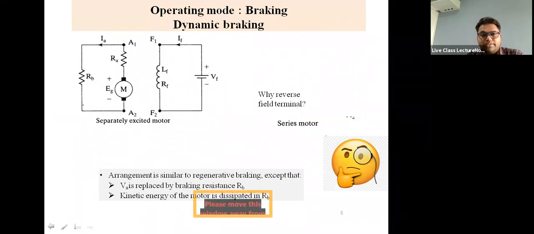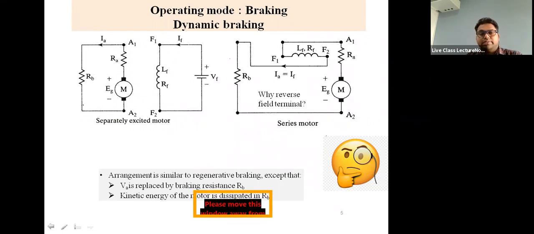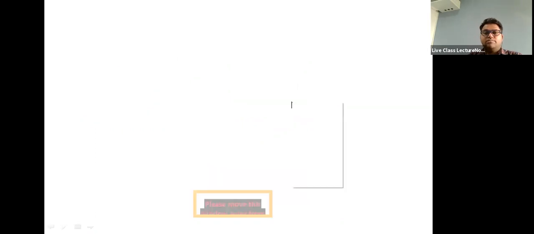So separately excited motor. So in the series motor, if you go for braking, and in the separately excited motor, if you again go for braking, we have to make these following circuit changes. Let me show you in a different screen. So we are talking of braking now.